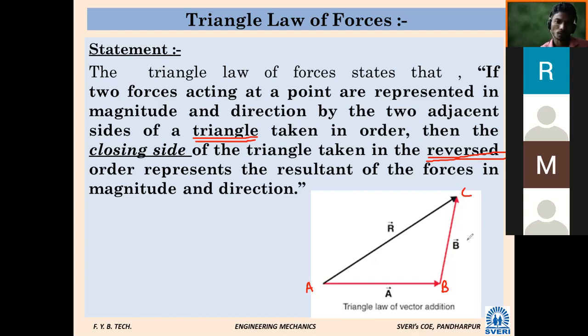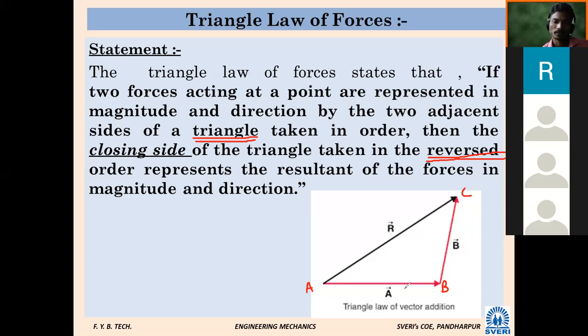So if you see the direction taken for forces A and B, is it clockwise or anti-clockwise? The arrow is going from A to B and B to C. The direction is anti-clockwise. Then when I join A to C, this AC represents the resultant R. How is its direction, clockwise or anti-clockwise? Clockwise. So it is in the reverse direction.